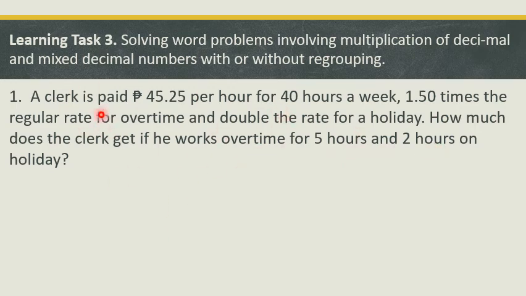So, ngayon, to solve this problem, kunin muna natin yung regular rate ni clerk. So, ang regular rate niya is 45 and 25 cents for 1 hour. Eh, nagtrabaho siya ng 40 hours. So, multiply natin yon kung ilan yung makukuha niyang regular rate. So, 45 and 25 cents times 40.